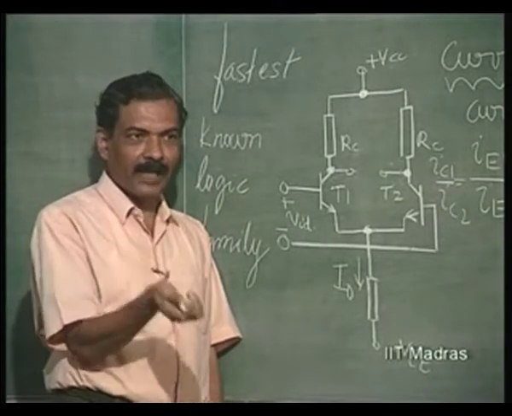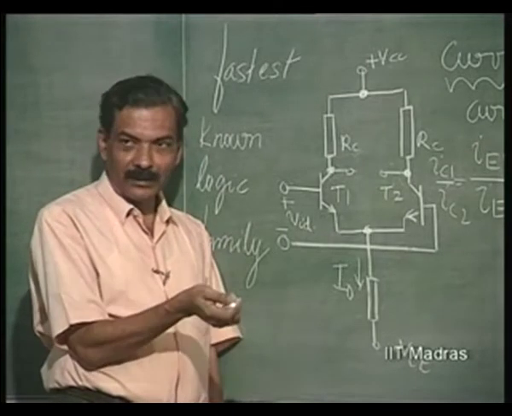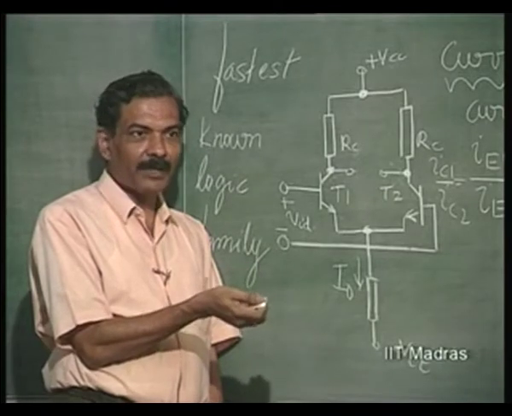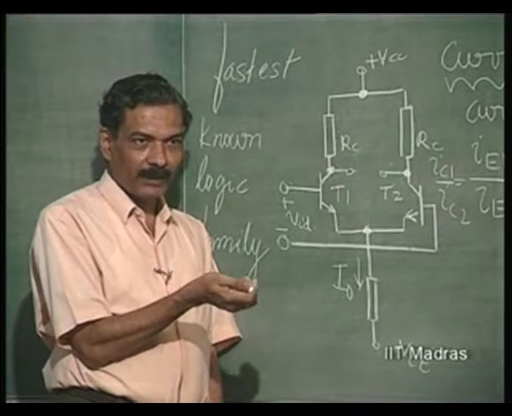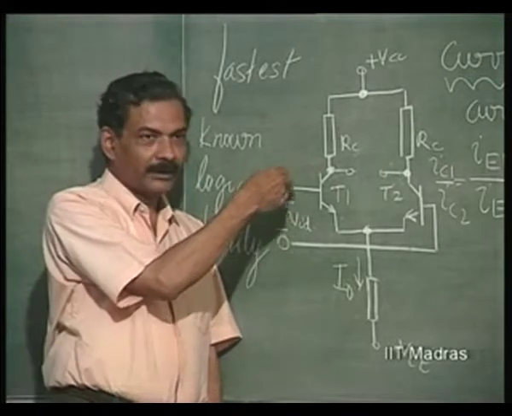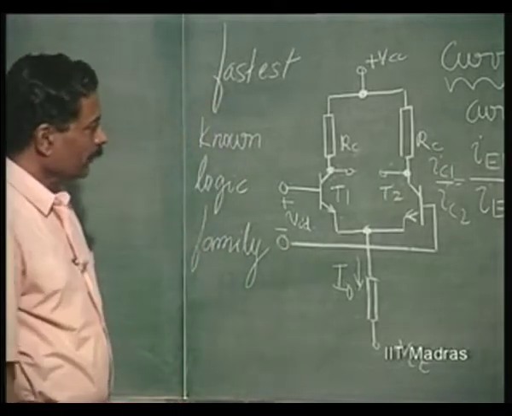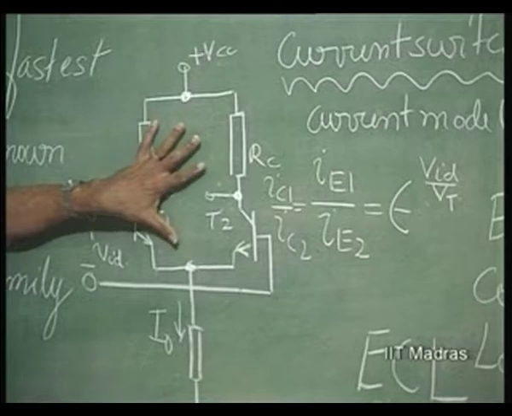They were faster than the ordinary TTL. However, ECL by nature is the fastest without the requirement of introducing Schottky barrier junction diodes between collector and base. So, this is the fastest logic family.